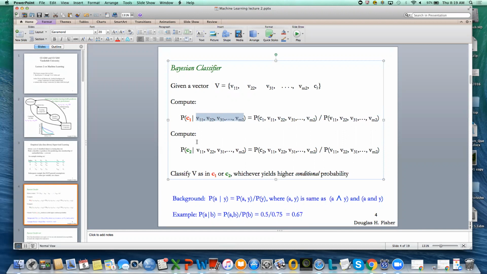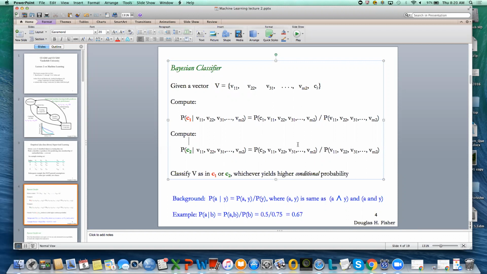And we are also going to compute the probability of the other class, or any other classes, C2 in this example, which will have a very similar form. We compute the conditional probability of C2 given the same vector, which again we can represent as a fraction over the entire vector, including the class filled in as C2, divided by the joint probability of the conditioning information alone.